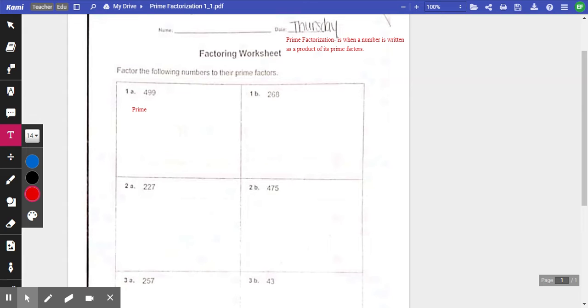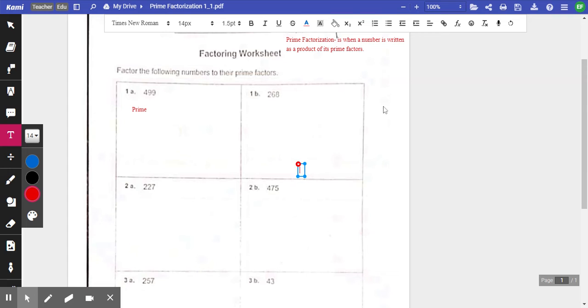It also can be called the division ladder. So we're going to write 268 down here at the bottom of our box because our work is going to grow up the box just like a ladder helps you climb up.